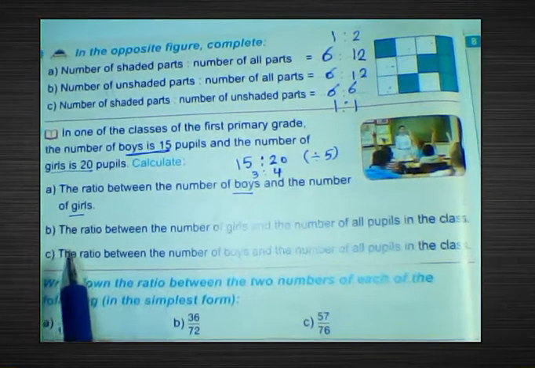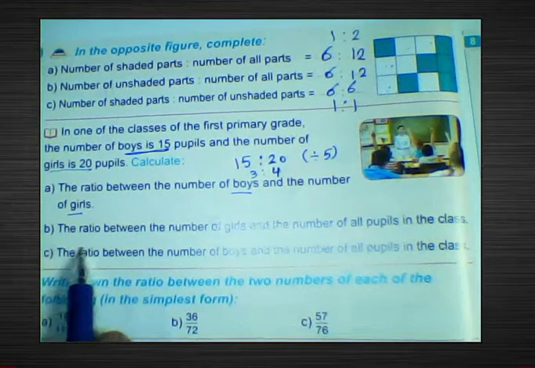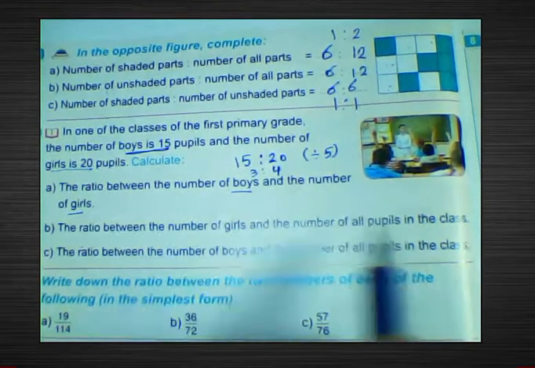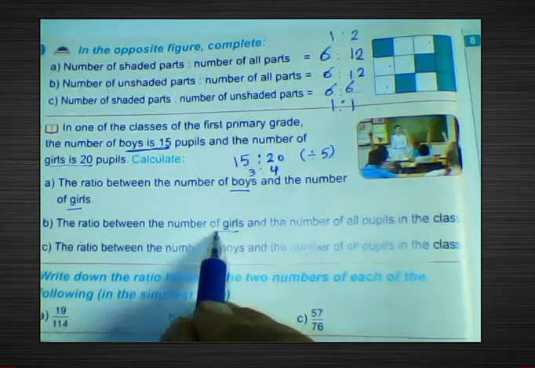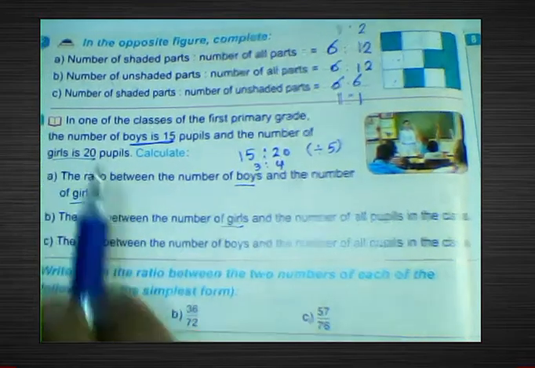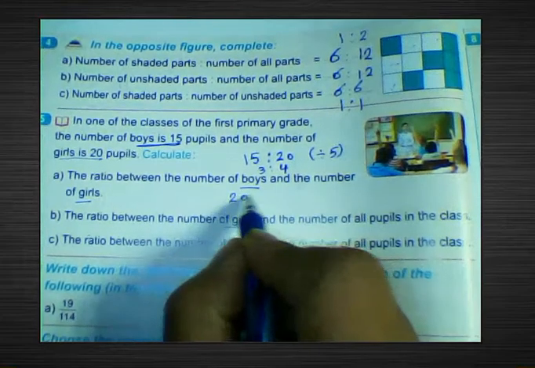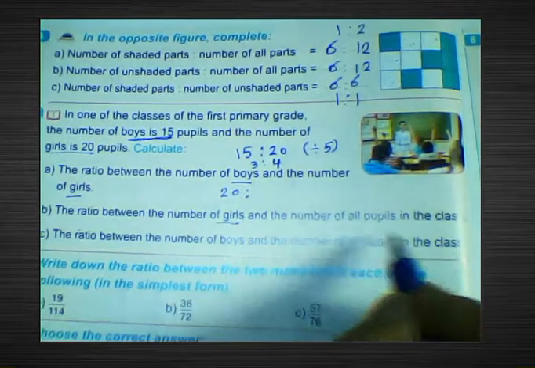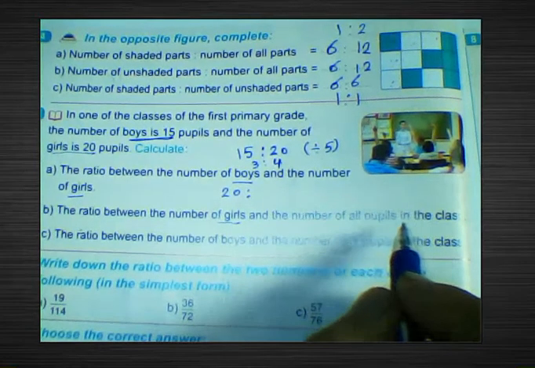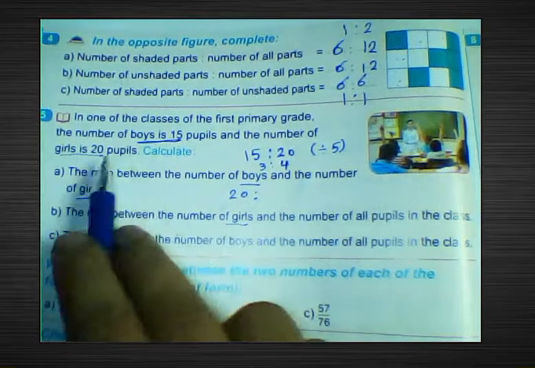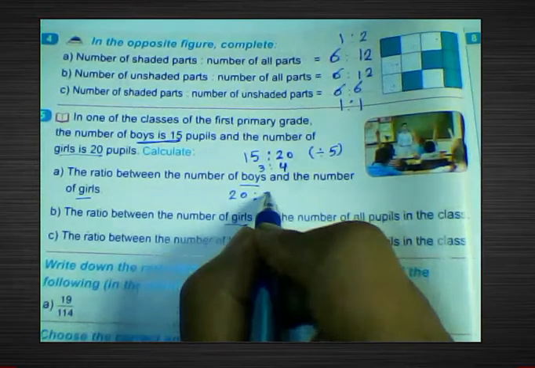Okay, letter B. The ratio between the number of girls and the number of all pupils in the class. How many girls? 20 girls. Right, 20 to how many all pupils in the class? We add 15 plus 20 equals 35.